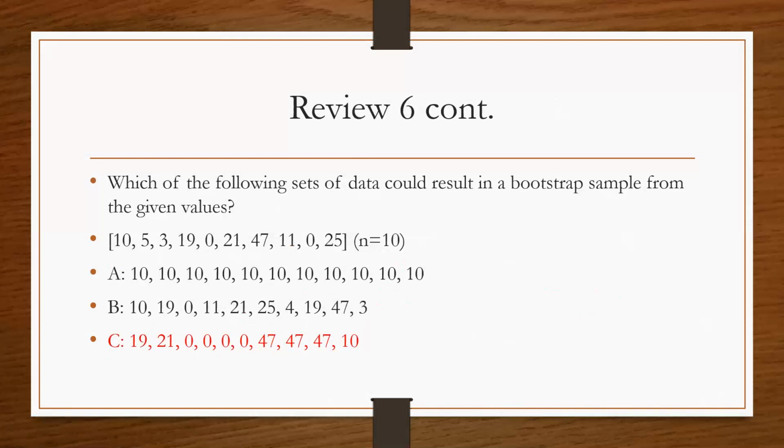There are chances where you might have a bootstrap sample and nothing is repeated. There are chances where you're only going to have 1 or 2 things repeated. But there are, of course, times where everything might be repeated. It's just luck of the draw. But yeah, because there's only 10 numbers in there, and because they were all in the original sample, it's the only one that actually qualifies.